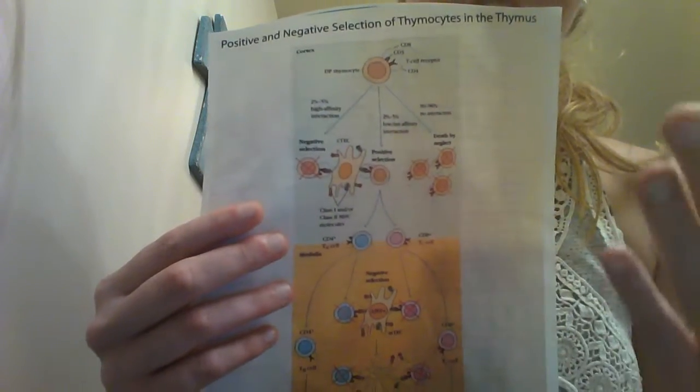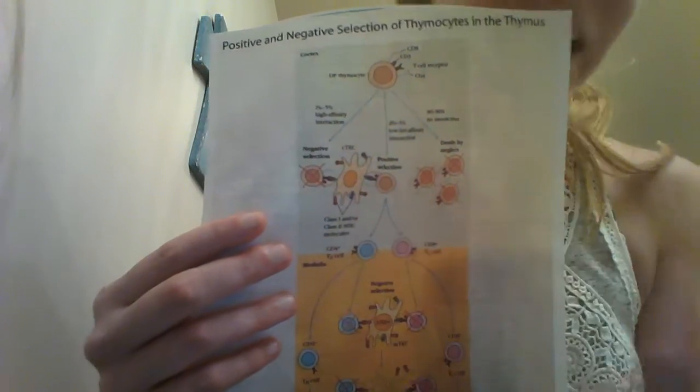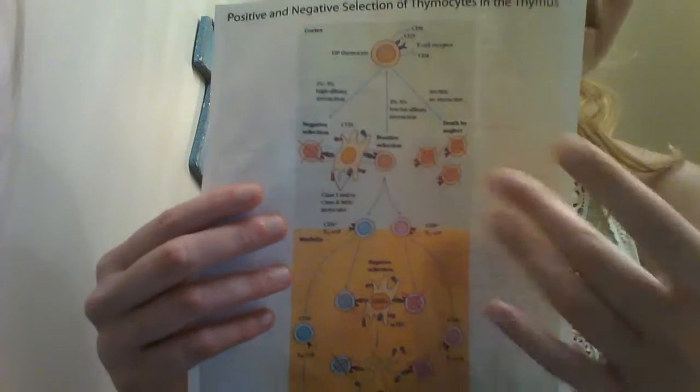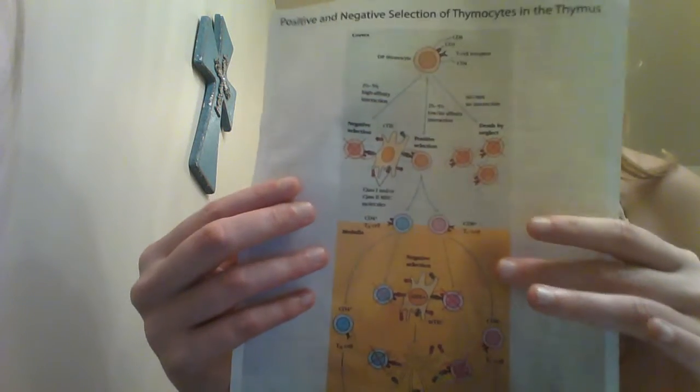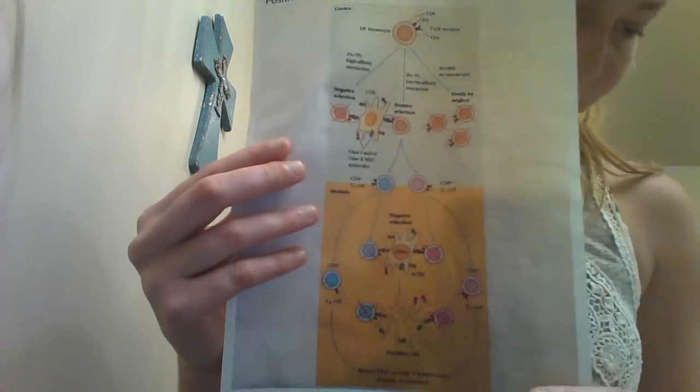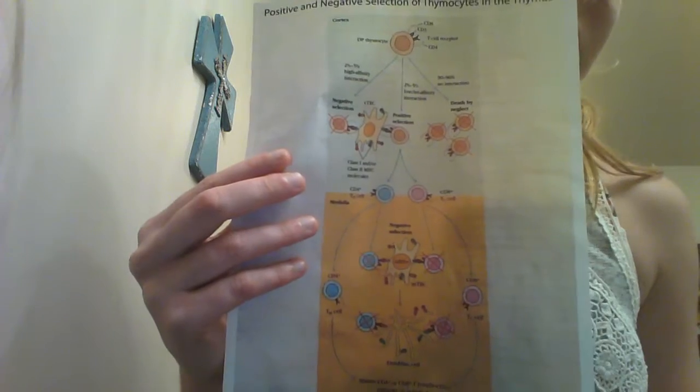But what else they're given permission to do is to migrate, and they can migrate to the medulla. And it's here in the medulla that these semi-mature thymocytes can again be subject to negative selection if they interact with high affinity to tissue-specific antigens. And what has been found recently is that migration of these positively selected thymocytes into the medulla is dependent on expression of a chemokine receptor known as CCR7.